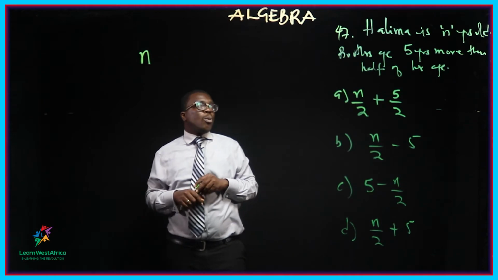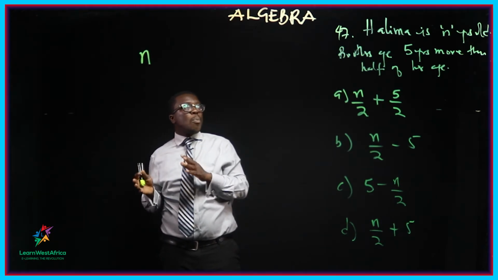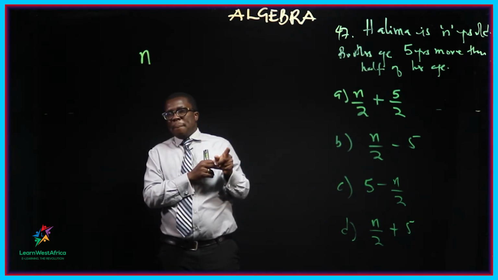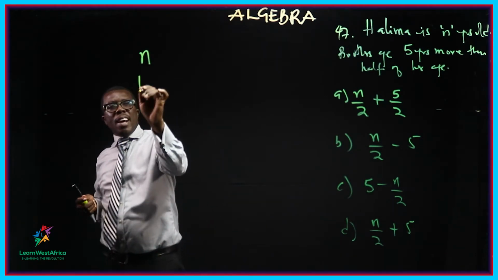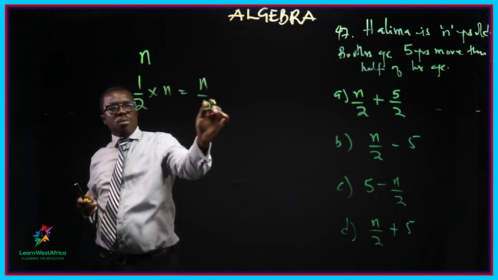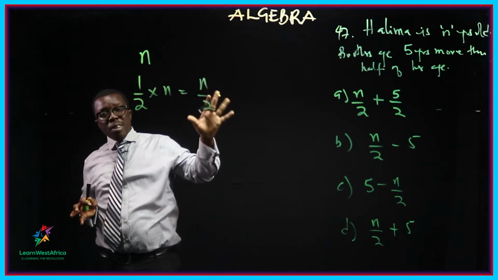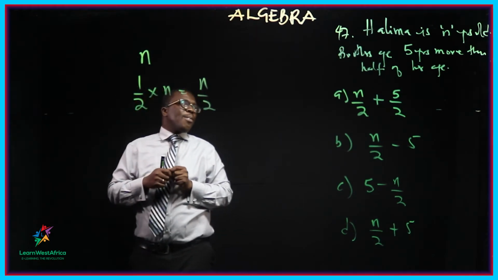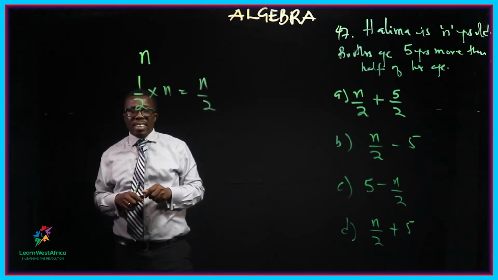So Halima is n years old and the brother's age is 5 years more than half of her age. Half of Halima's age is half of n, which gives you n over 2. Then the brother's age is 5 years more than half of her age.